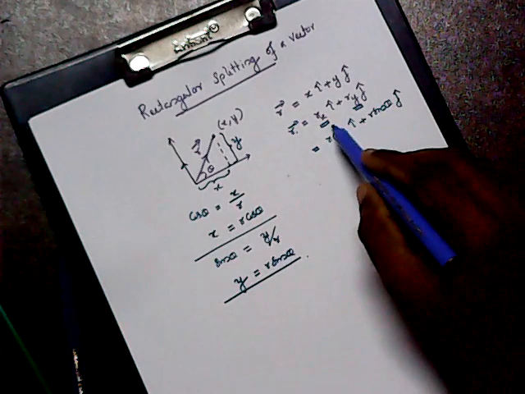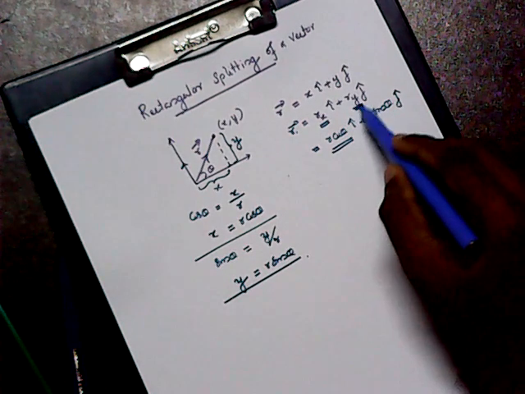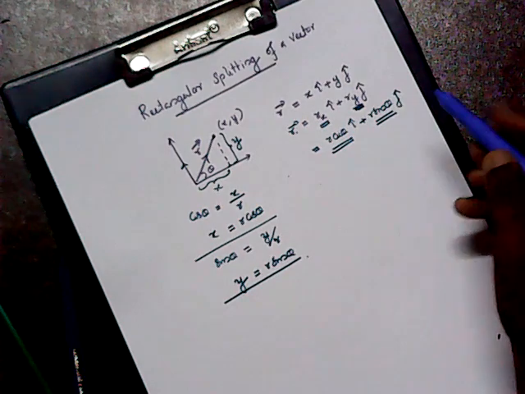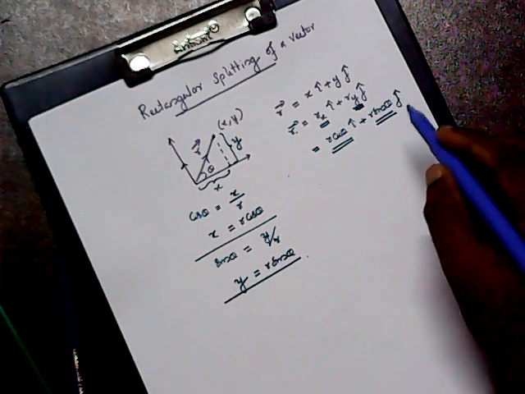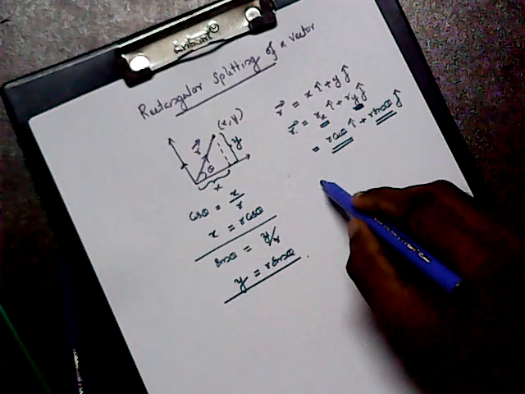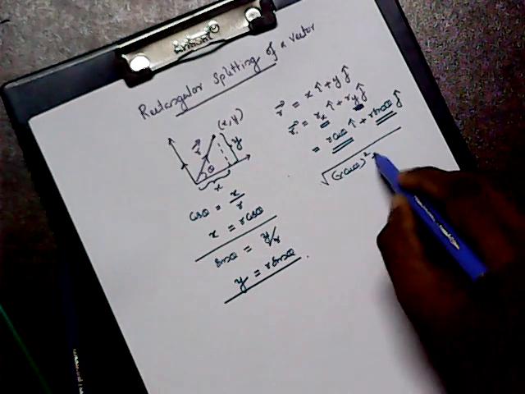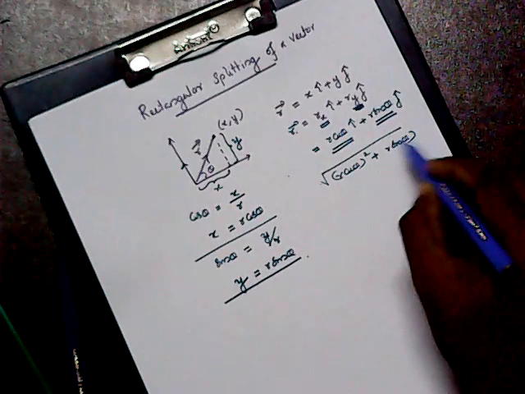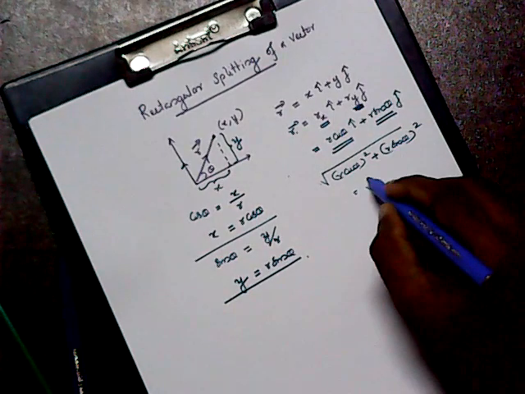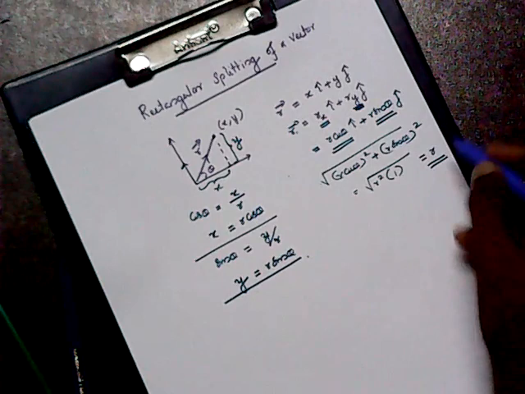So the horizontal component becomes r cos theta, and the vertical component becomes r sin theta. A very important concept, because if you just take the magnitude, you get the square root of r cos theta the whole square plus r sin theta the whole square, and you get the value as root of r square into 1, that is equal to r. So that is a concept.